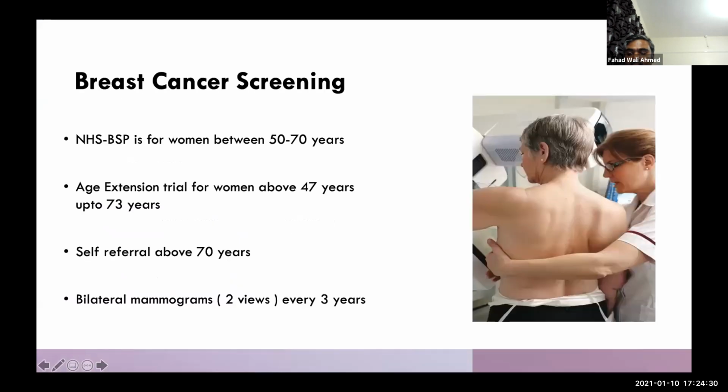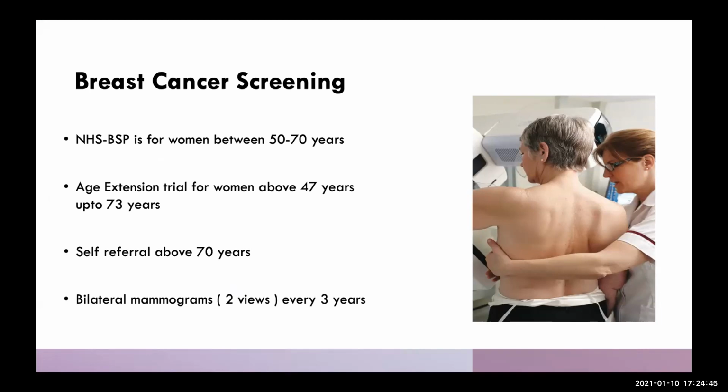So in the UK, breast cancer screening takes place for women between the ages of 50 and 70 years, and every woman in that age group is called once every 3 years to have mammography. There is a trial going on where ladies between the ages of 47 and up to 73 are also being invited.